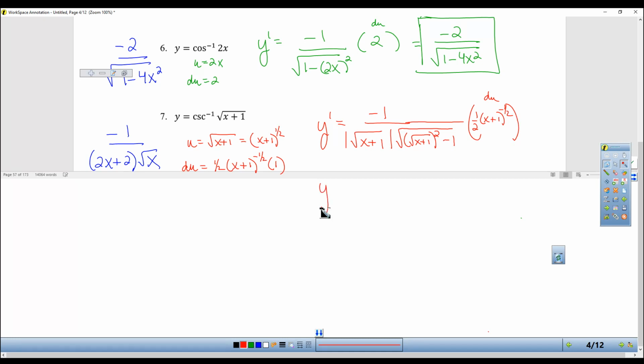A lot of simplification required here. First, you don't need the absolute value because a square root's already going to be positive. Second, the square root squared is just going to be x plus 1, and then there's still a minus 1 there. And then the derivative of u, both of those are actually in the denominator.